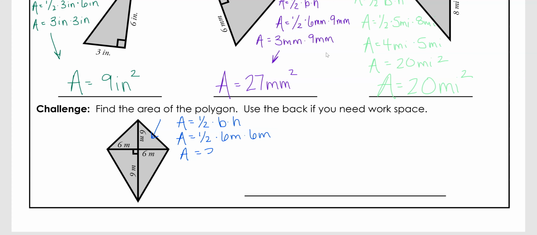Area equals 3 meters times 6 meters. Area equals 18 meters squared. And that's for one of the triangles of the kite. We have 2, so we're going to multiply that times 2. And that's a combined area of 36 meters squared.